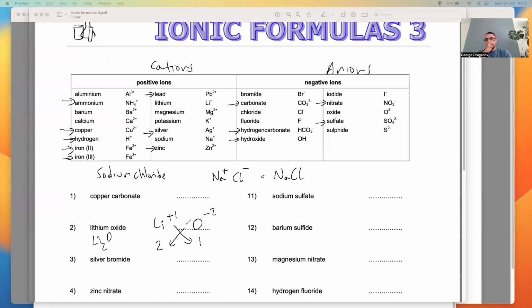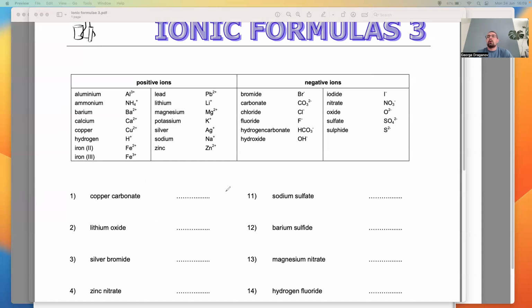Let me show you copper carbonate now. So copper carbonate, Cu, you can look it up, it's 2+. And carbonate, 2- or -2. Now, if you cross these over, the 2 goes here and the 2 goes here. And you end up with 2 of each.